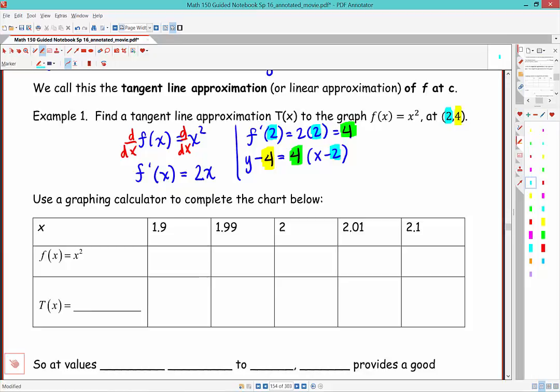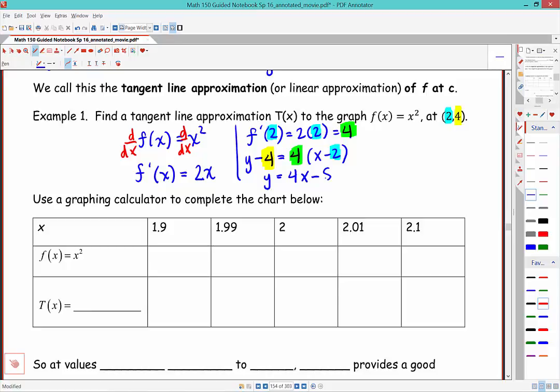Now if we isolate y, we end up getting 4x minus 8 plus 4, and so at the end of the day y is equal to 4x minus 4.